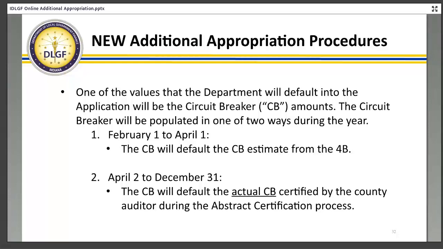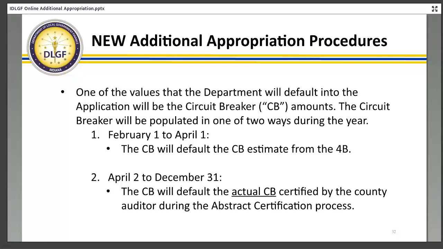In the application itself, you're going to see the circuit breaker number change during the course of the year. If a unit submits an additional appropriation request between February 1st and April 1st, the amount that will default into the application is the amount that was used on the Form 4B when estimating the impact that the circuit breaker will have in the upcoming year.